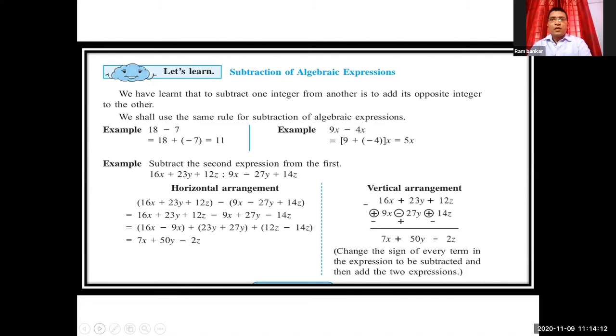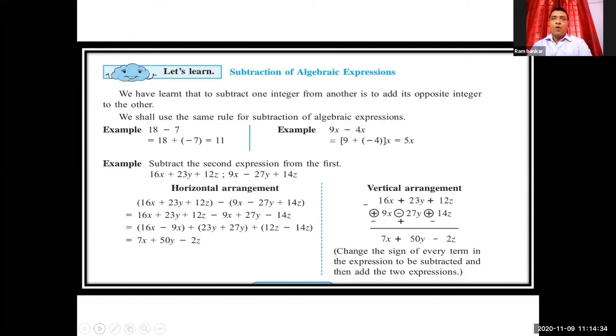Okay. Look at the second step. We have to put together in a bracket like terms. What are the like terms? First equation and second equation. 16x minus 9x plus 23y plus 27y plus 12z minus 14z.